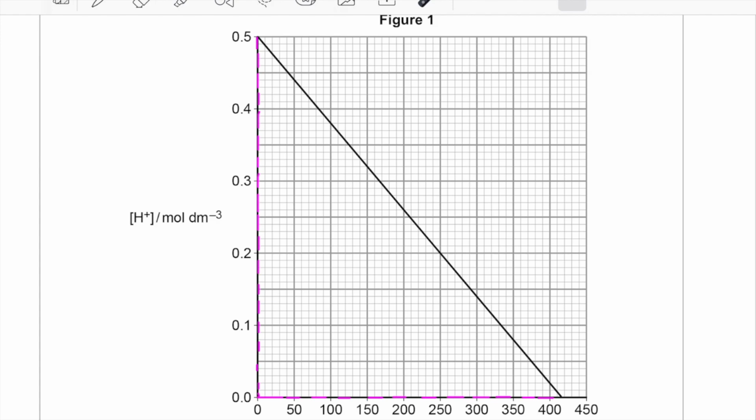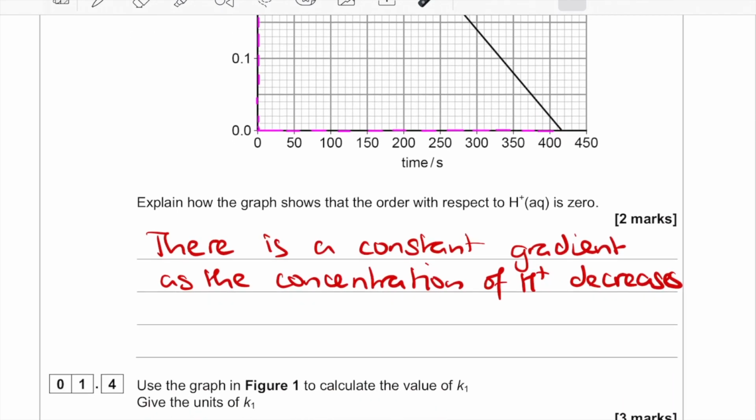I think if you do other things like that, then you're having to work out, well, what's that point, what's that point, and you're just making your life a little bit more difficult. So if you can, use the actual axes, because chances are it's much easier to read, and if it's much easier to read, then you're much less likely to make a mistake.